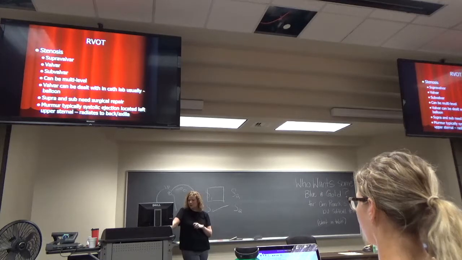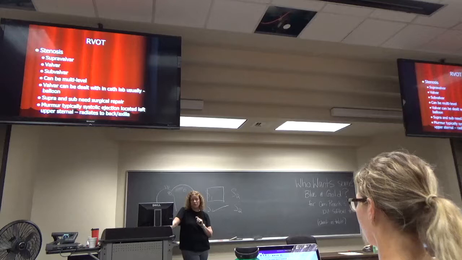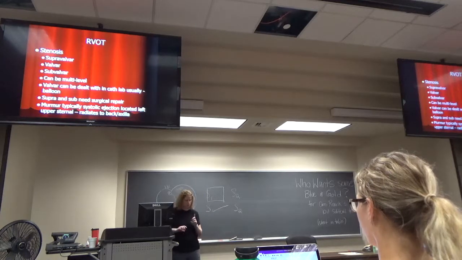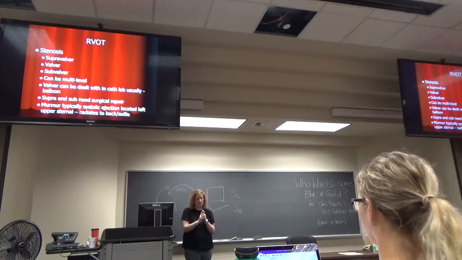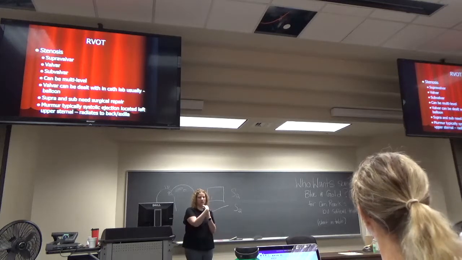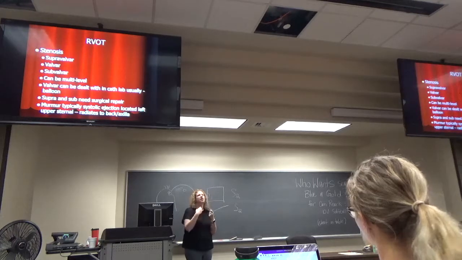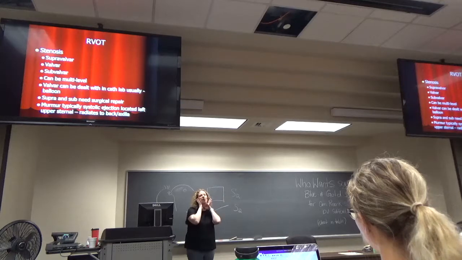Pulmonary stenosis radiates to the back. Yes, pulmonary stenosis murmurs, or RV outflow tract murmurs, radiate to your back because of your anatomy. You have your pulmonary artery, it comes up and goes out, and in front of it your aorta comes up, shoots up, and has branches that go up into your neck.